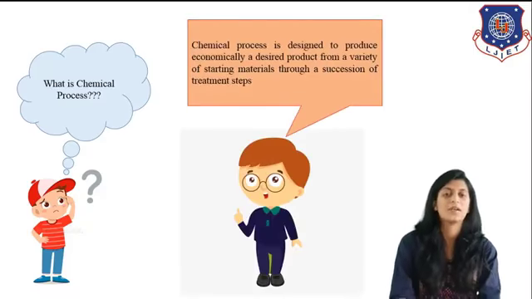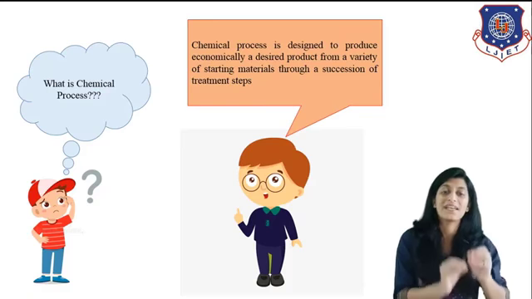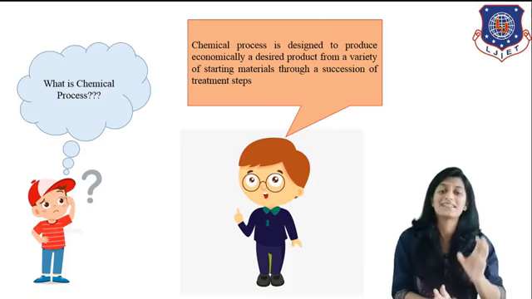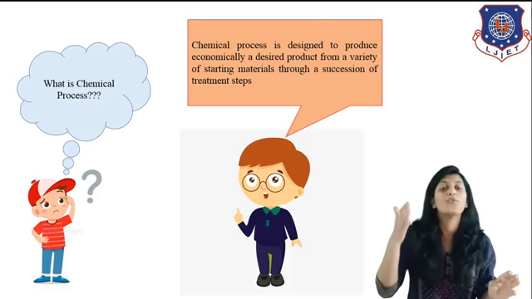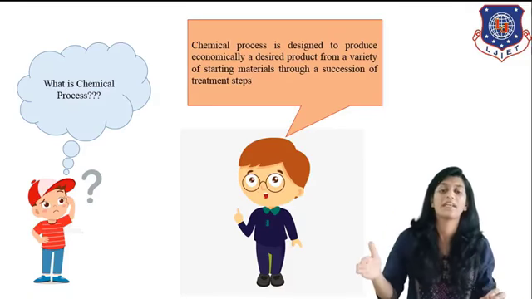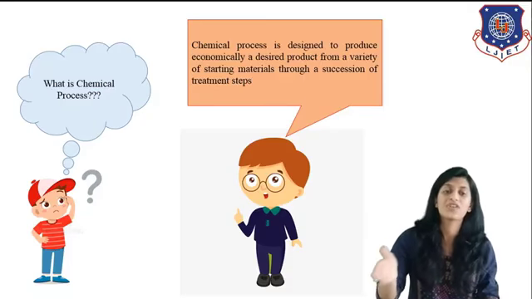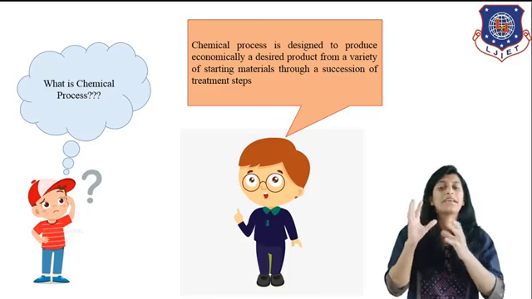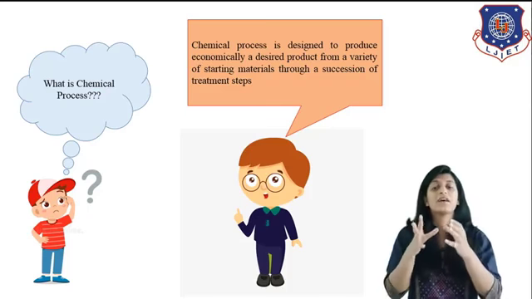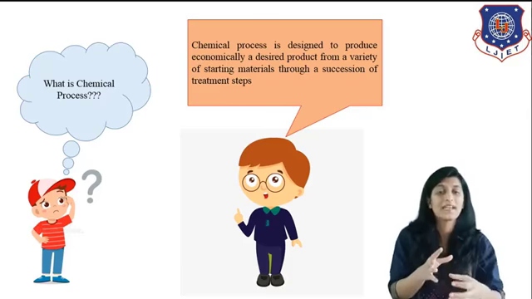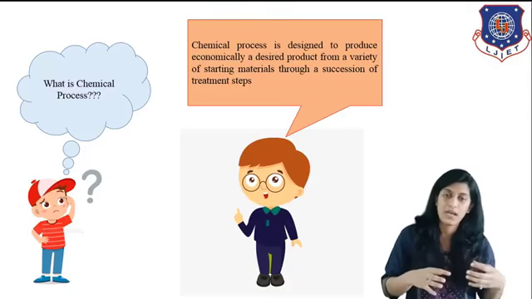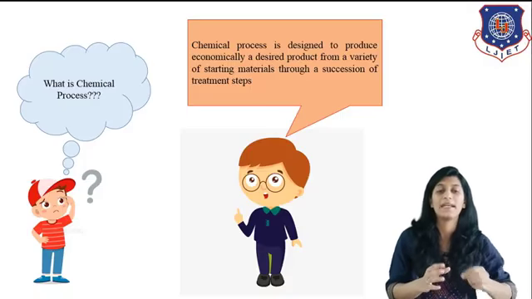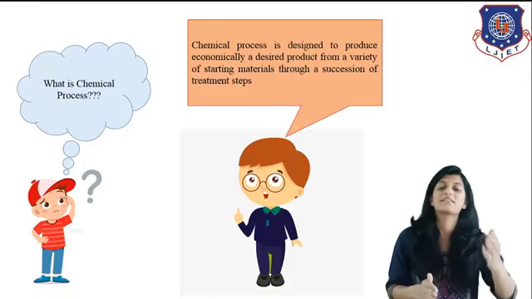A chemical process is designed to produce an economically desired product from a variety of starting materials through a succession of treatment steps. That means a chemical process is a tool designed to obtain the desired product using various raw materials and following different kinds of treatment steps.